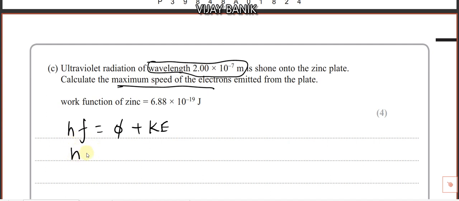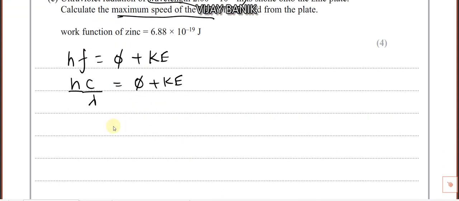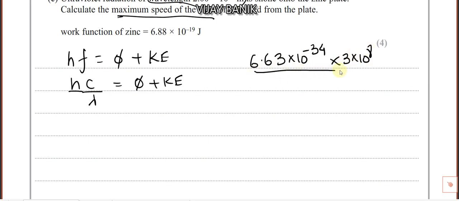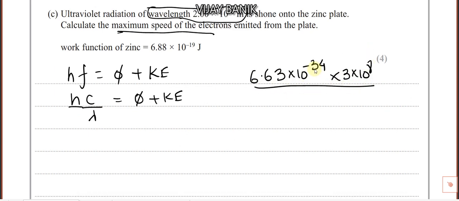So remember, the same formula can be written as hc/λ = φ + KE. h is 6.63 × 10^-34, c is 3 × 10^8, divided by the wavelength, 2 × 10^-7. They kept it to 3 significant figures, so your answer should also be in 3 significant figures.